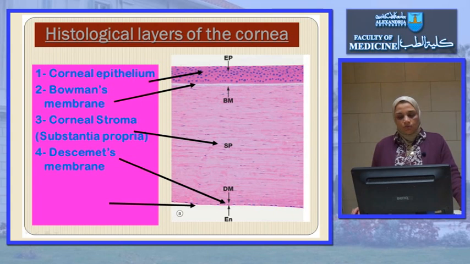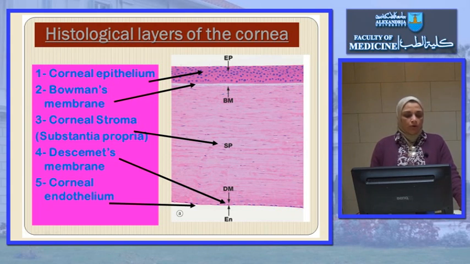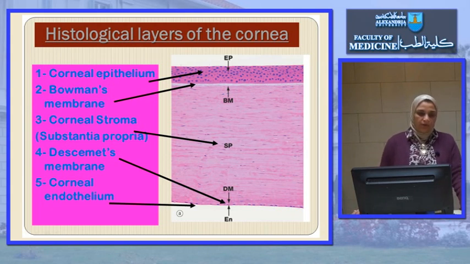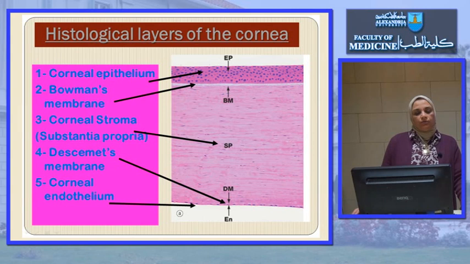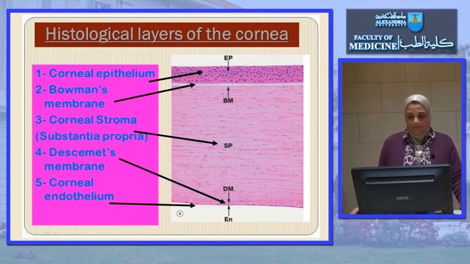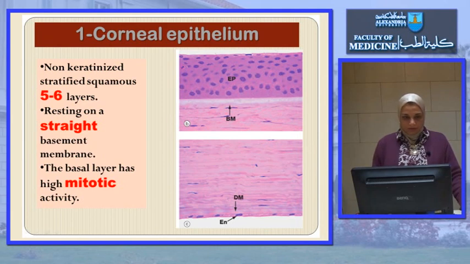And the most inner layer of the cornea, facing the aqueous humor in the anterior chamber, is called the corneal endothelium. So we have a corneal epithelium outside and a corneal endothelium inside. In between, we'll find Bowman's membrane, Descemet's membrane, and the thickest layer of the cornea in the middle is the corneal stroma. This is a connective tissue we call substantia propria. Let's discuss layer by layer.